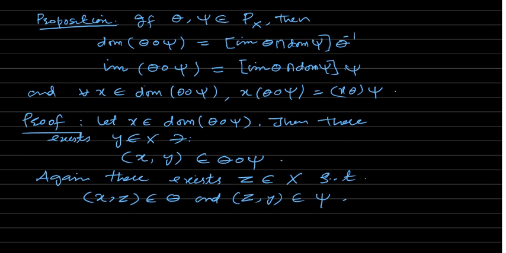So up to here we have only applied the definition. Now this (x, z) belongs to theta, so where is z? z is in the domain of theta, and z is in the domain of psi and image of theta, isn't it? Because (x, z) belongs to theta, (z, y) belongs to psi.